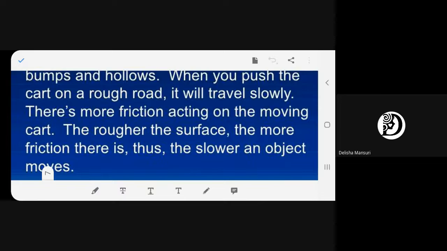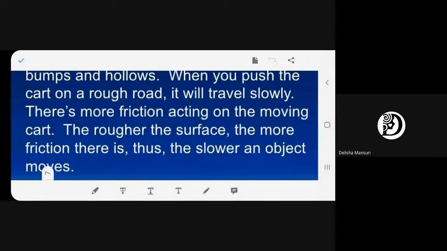What is a cart? Either you explain or you give me an example. A cart is like a trolley. A cart is used for transporting, like a bullock cart, a horse cart.